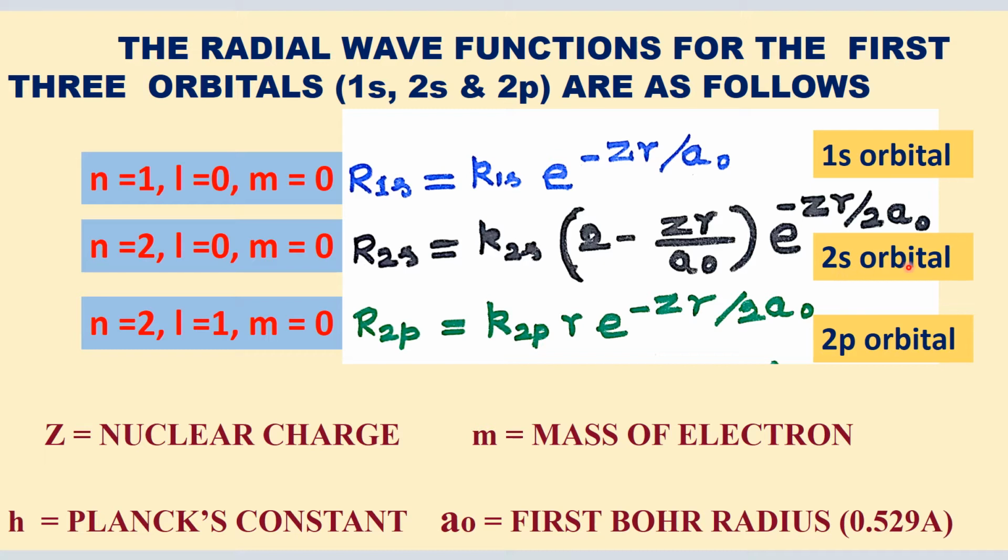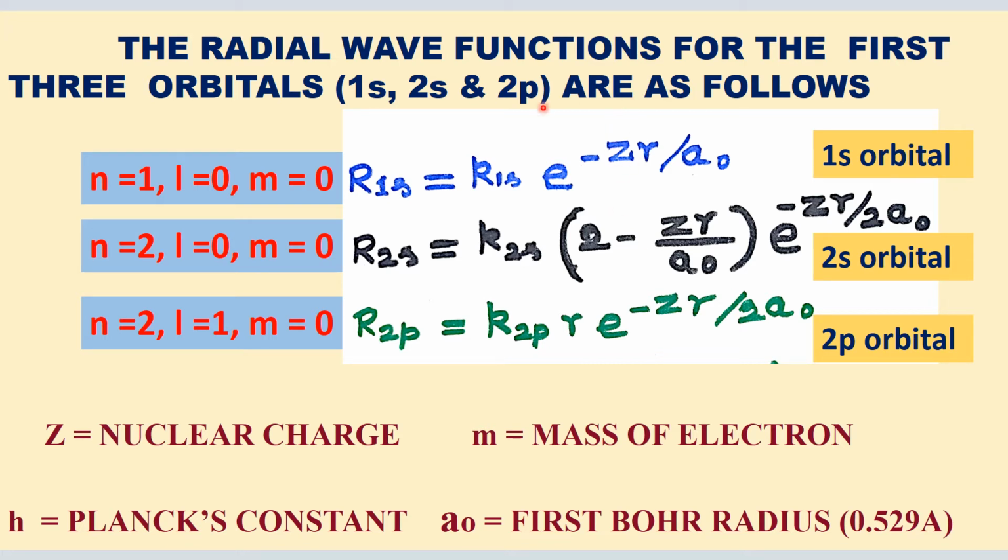For 2s orbital, the radial wave function is represented as R2s equal to, where k1s, k2s, k2p are normalization constants for the respective orbitals.